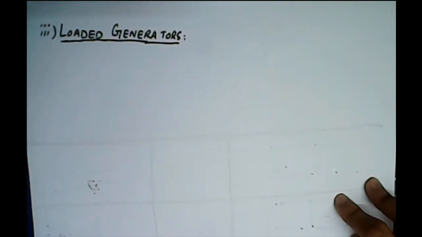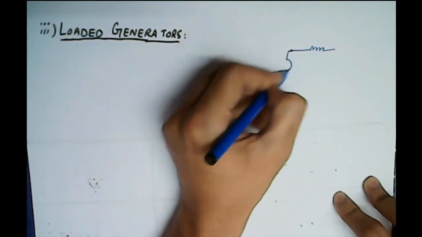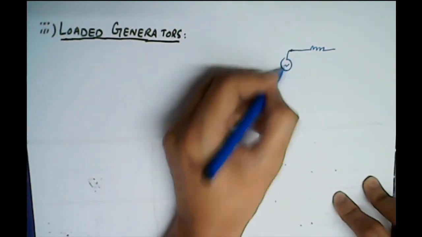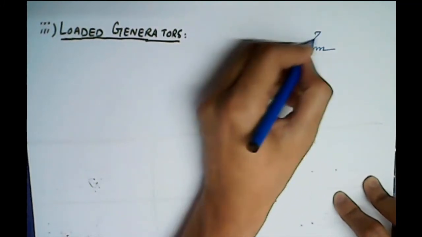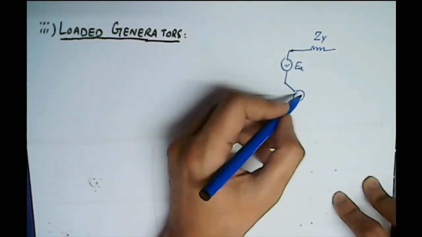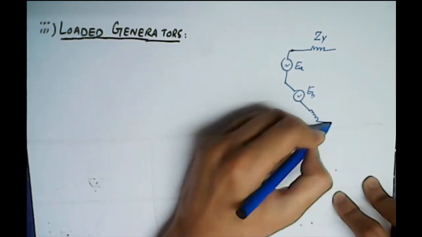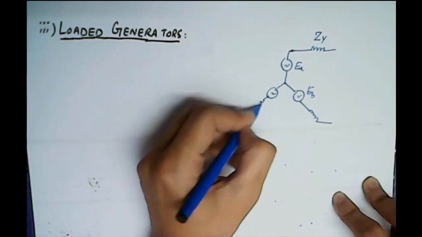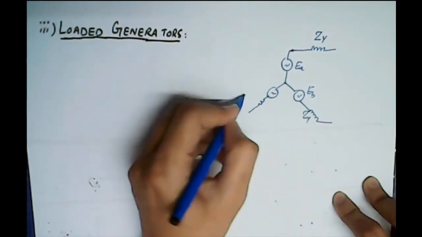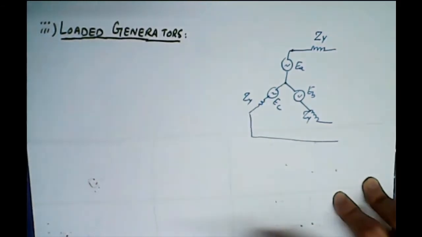So now let's consider a generating system, a three-phase synchronous generator. We know the equivalent circuit of a generator: a voltage source in series with a reactance, or we can represent it by an impedance, EA, EB, EC, and then we have a neutral impedance ZN.